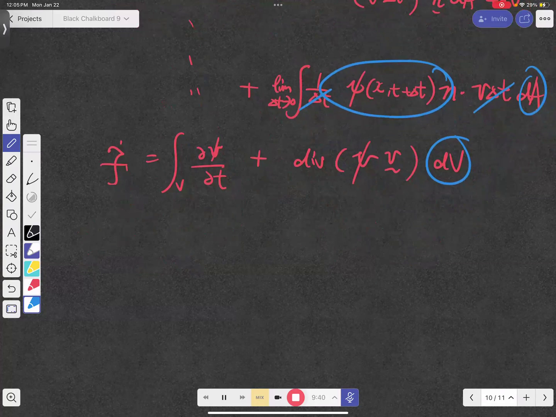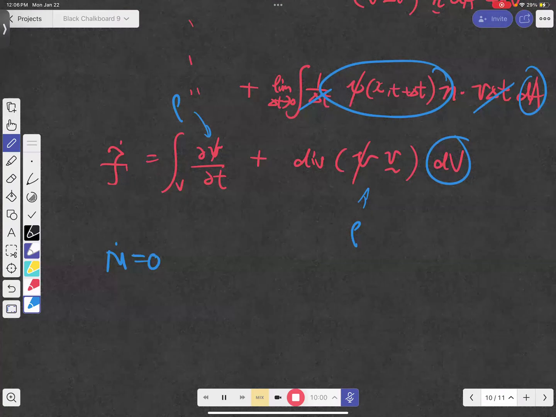Now, I haven't given it a particular name, but if this one becomes the density function, then I simply have one of the conservation principles, and that would be balance of mass, right? Because I know that the mass is not changing. I'm not talking about mixtures right now.